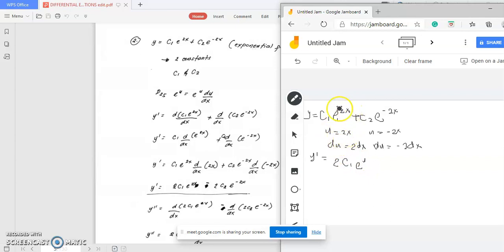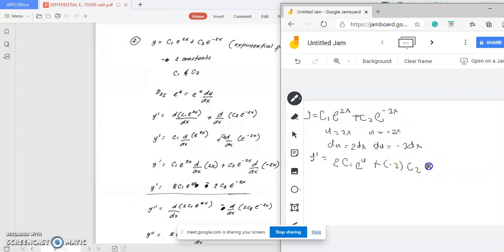When you derive e to the u, it is still e to the u. Plus, from here your du is negative, so you have negative 2 times c sub 2.